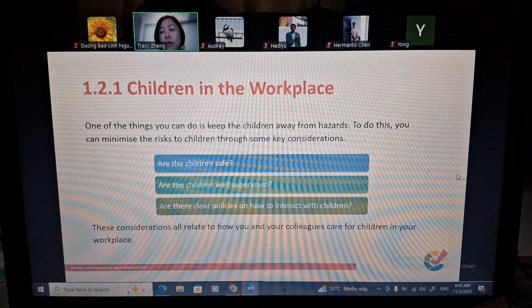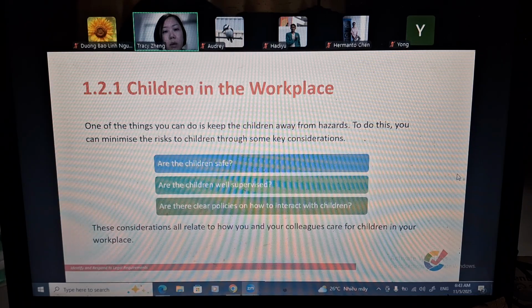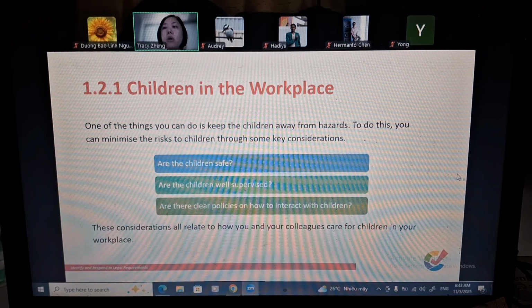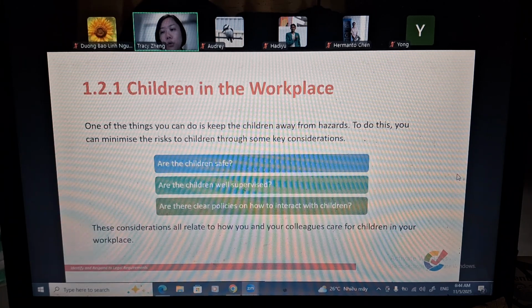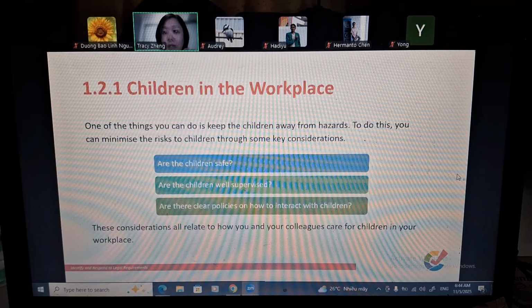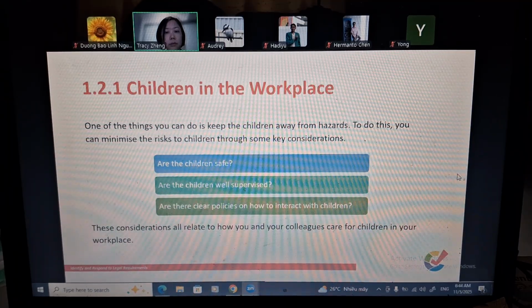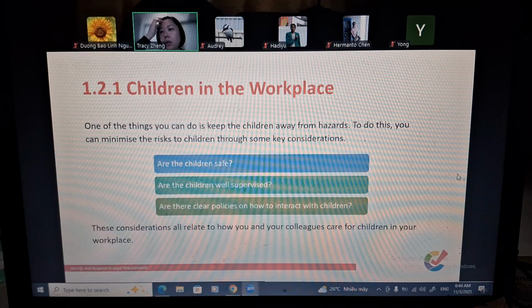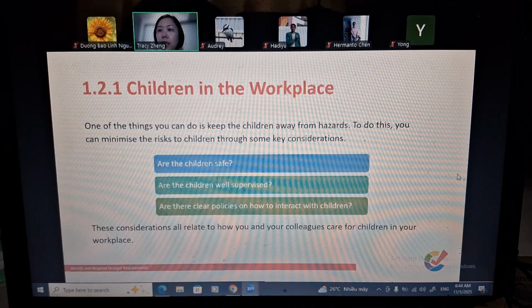So make sure anything about children's safety is also part of our priority in our workplace. Even though we may not always have children in our workplace, in case you do, make sure you know what to do to protect the children's safety. And nowadays, we do have some colleagues who may need to bring their kids to the workplace while they are at work.